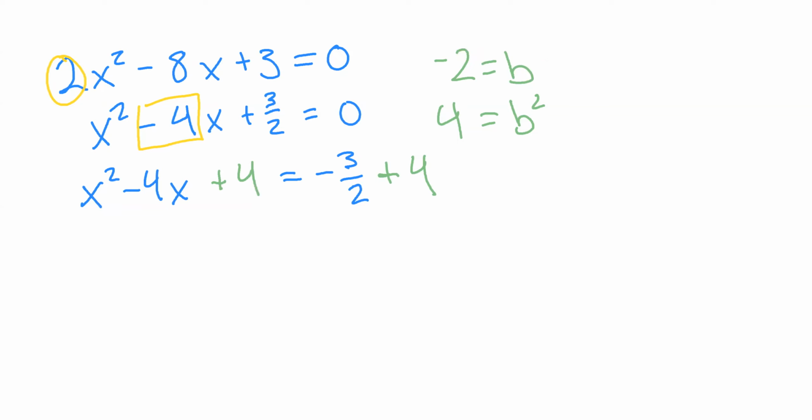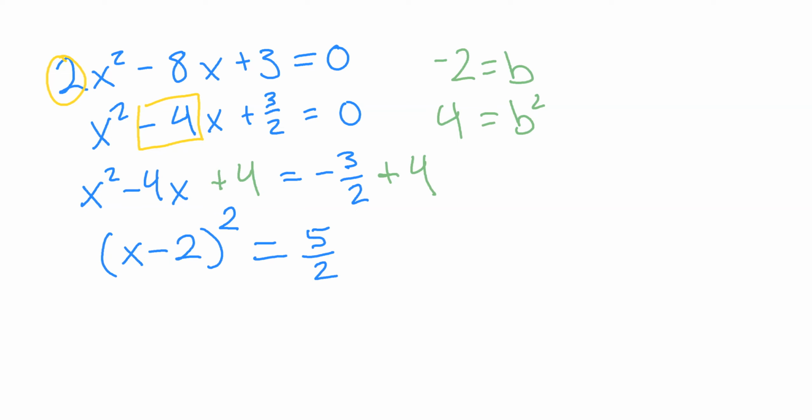Our b is -2. So our factors are going to be x minus 2 times x minus 2, which is x minus 2 squared. Okay. That's the left-hand side. And the right-hand side is going to be 5/2. I just added those fractions, right? 4 minus 3/2 is going to be 5/2.